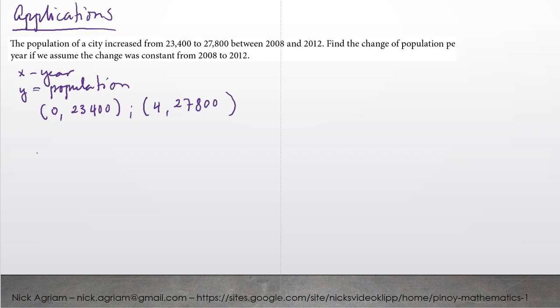It increased. So that means Y is equal to MX plus B. My M would be positive because the population of the city increased.